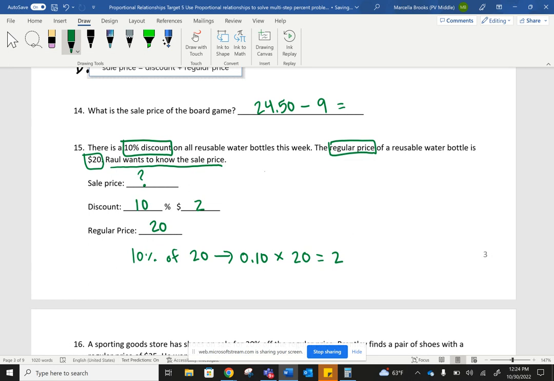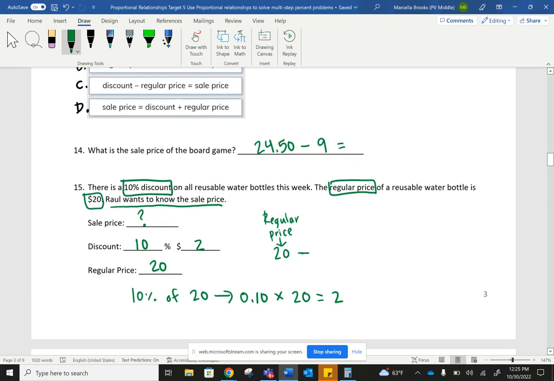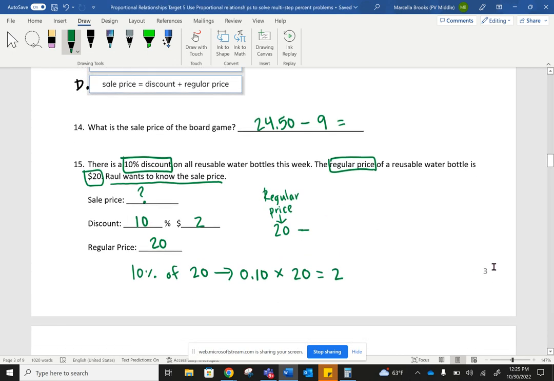So we're going to take our regular price, which is 20, and we're going to subtract, because it's a discount, we're paying less, it's on sale. We're going to subtract the discount, but we're not going to subtract 10% because that's not going to help us. We're going to subtract the dollar amount that is 10%, which we calculated, and that was 2.